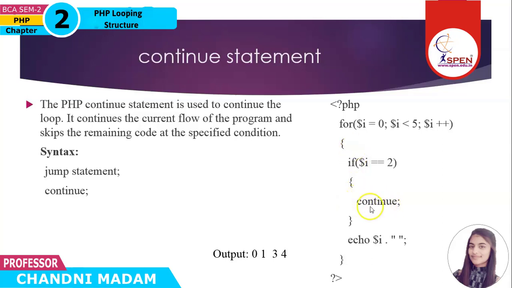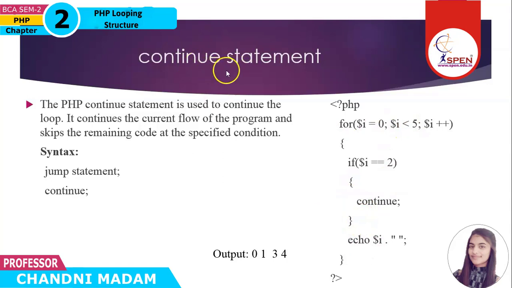Here in the if we have used continue. When continue comes in the program, your control goes to the start of your loop and it skips the rest of your code. So when continue comes, it skips this line and goes to the for loop.